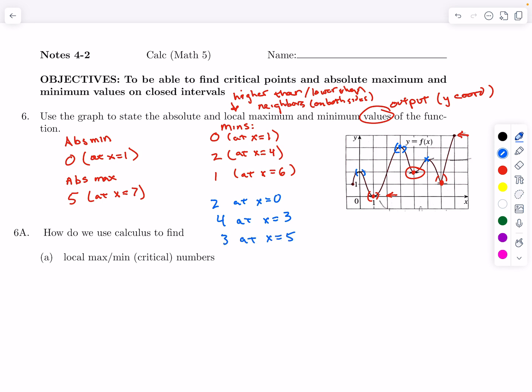Notice not... so a local max or min has to be higher than surrounding points on both sides.